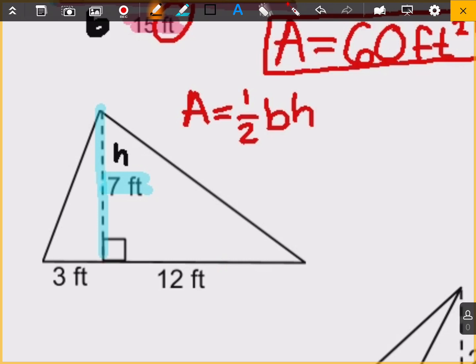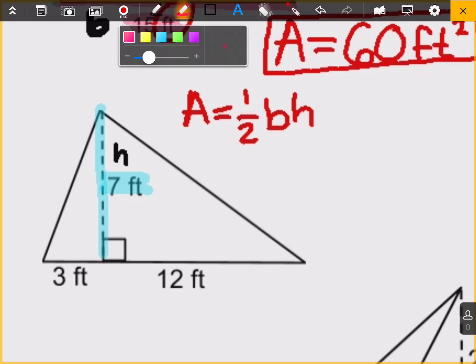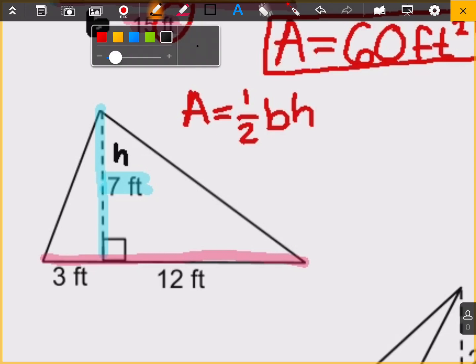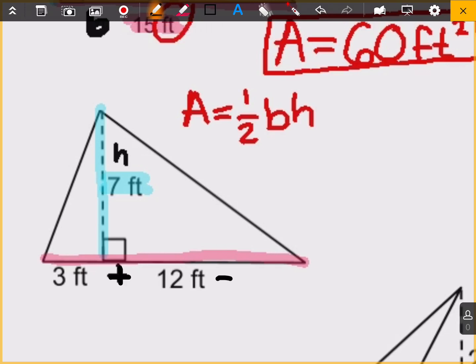What is concerning is the fact that there's 2 numbers on the bottom, but actually we need both of those numbers because they both touch that right angle that they gave us. So instead of ignoring one of these, we're going to add them together to get our total length of our base. 3 plus 12 is 15 feet. So this is the number we're going to be using for our base measurement.